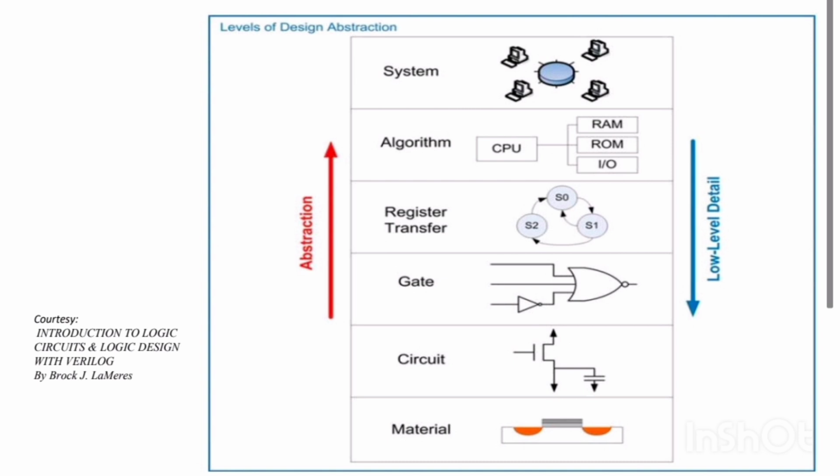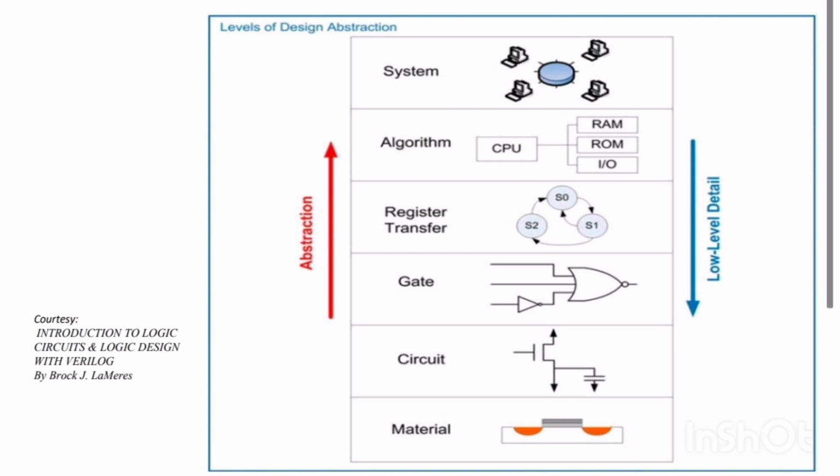So in the first level, that is the highest level, it's about the system as a whole, and in the second one, one level down, that is the algorithmic level, the entire system is subdivided, broken down into subsystems.